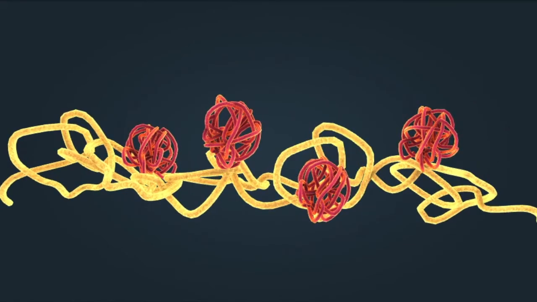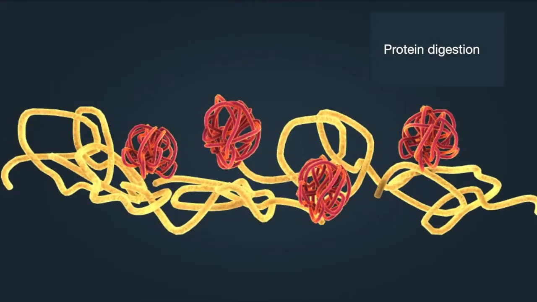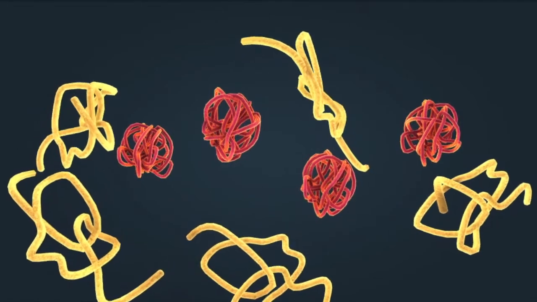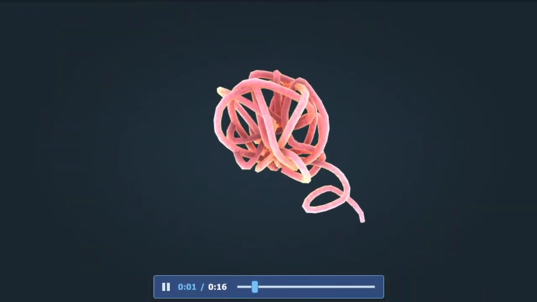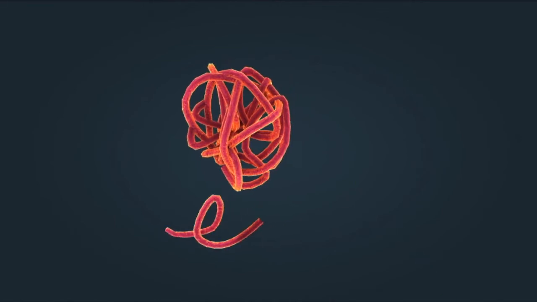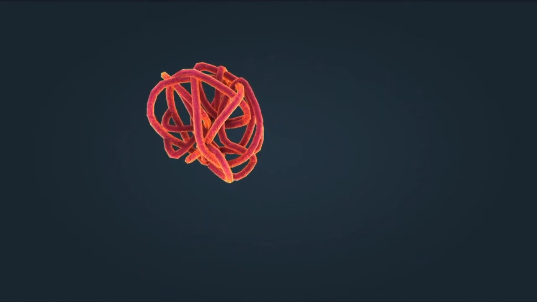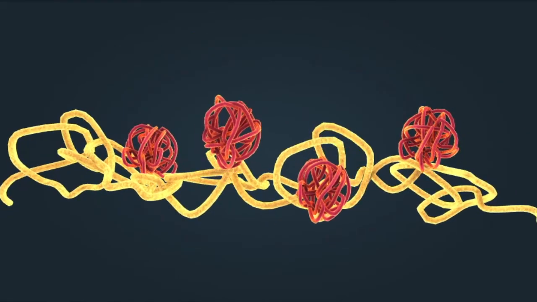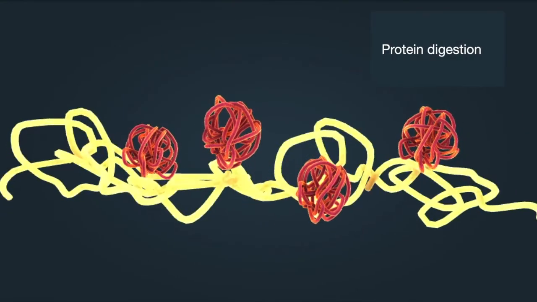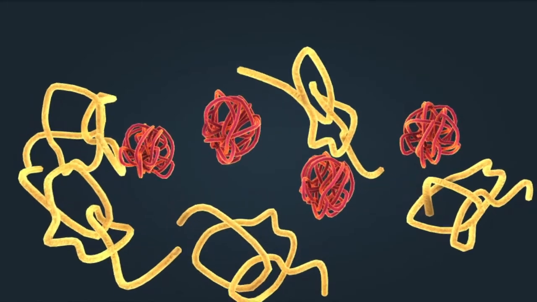Pepsin is released as an inactive form called pepsinogen. Hydrochloric acid is necessary for the conversion of pepsinogen to pepsin. Pepsin is an enzyme that starts protein digestion, breaking proteins down into smaller fragments of variable sizes known as peptides.